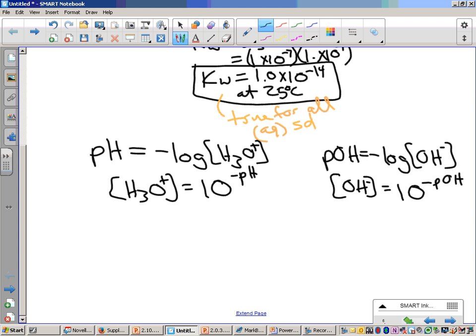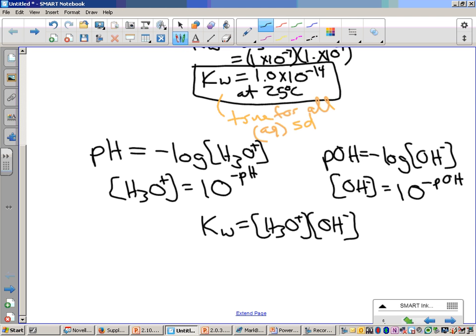If I want to jump between pH and pOH, because if I'm given a question about bases, I'll have the pOH and I'll eventually want to get to the pH, there's actually two ways in which we can do this. I can use this one: Kw is equal to the concentration of H3O plus times the concentration of OH minus, and that Kw is equal to 1 times 10 to the minus 14.